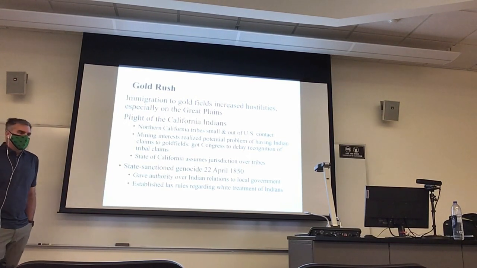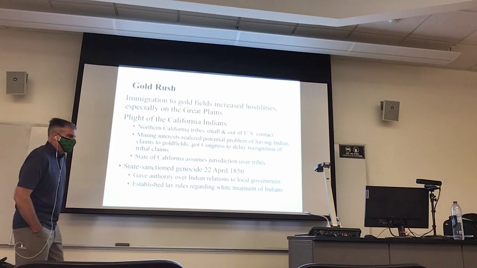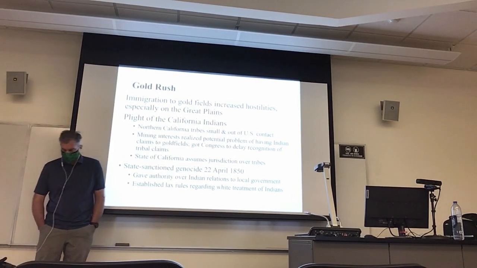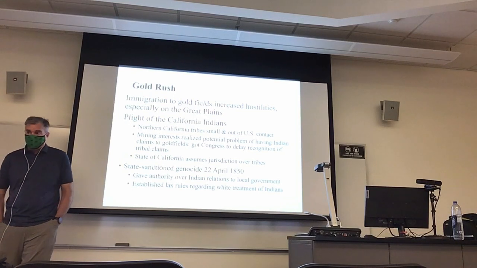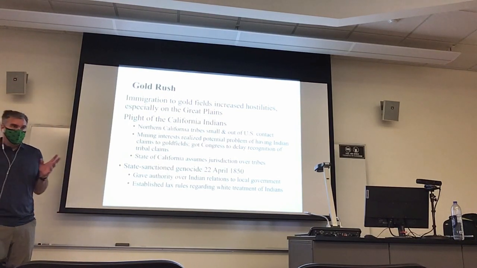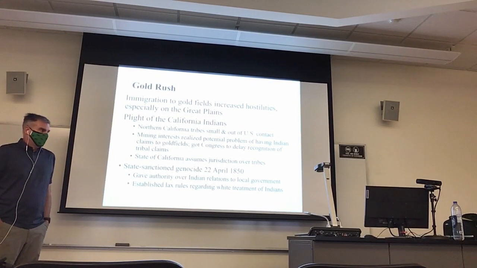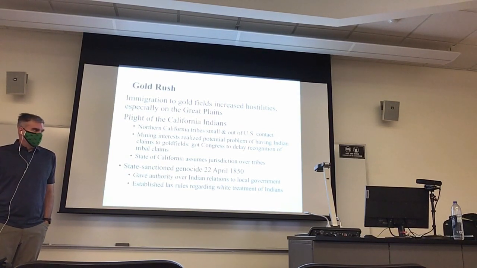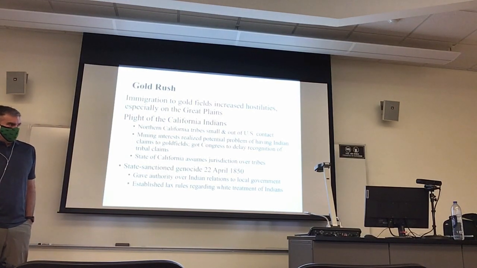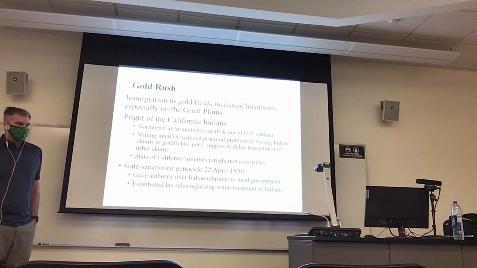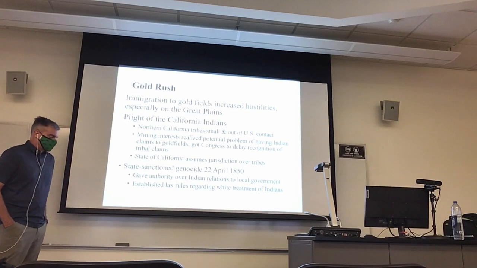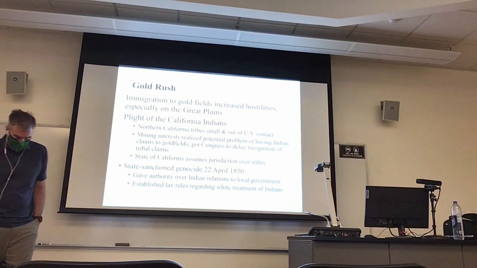Now, if you know anything about the native peoples of California, and especially of Central and Northern California, that was the focus of the gold rush around Sacramento and the northern part of the Central Valley in the Sierras.